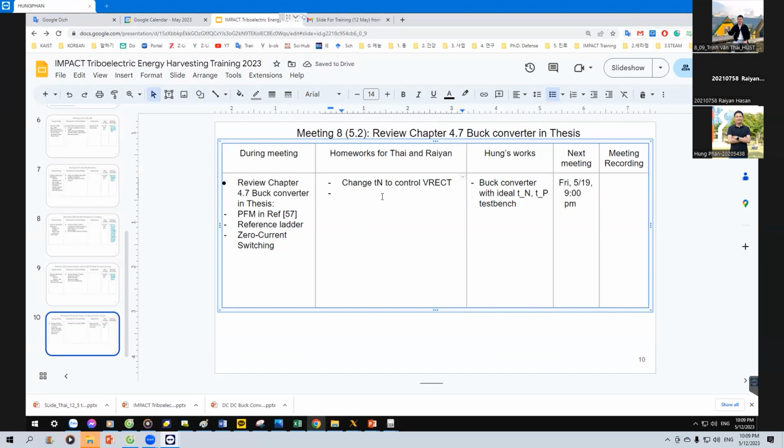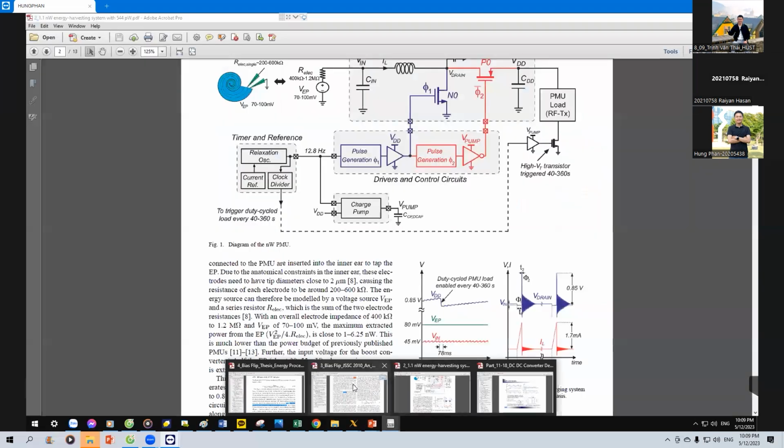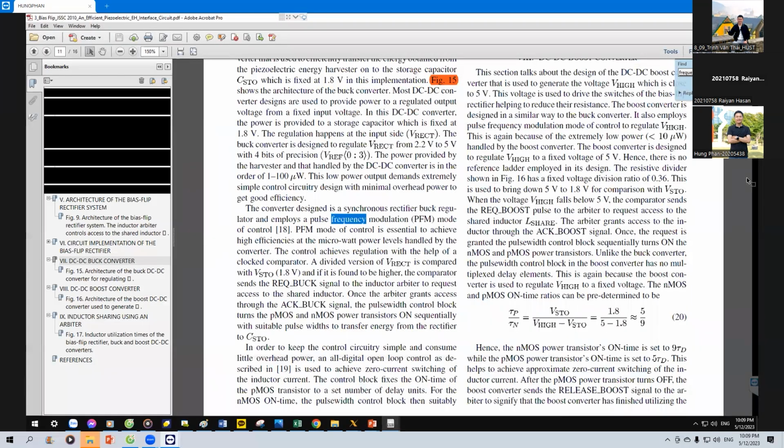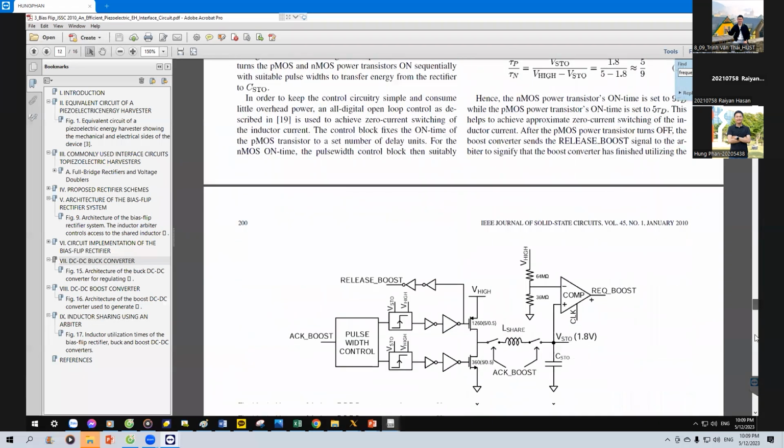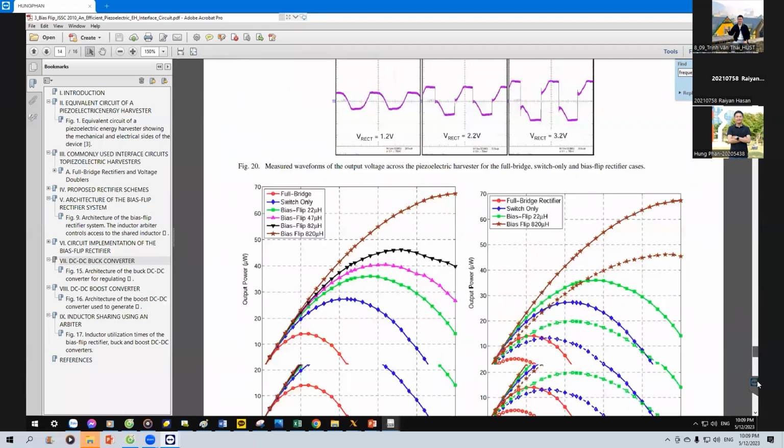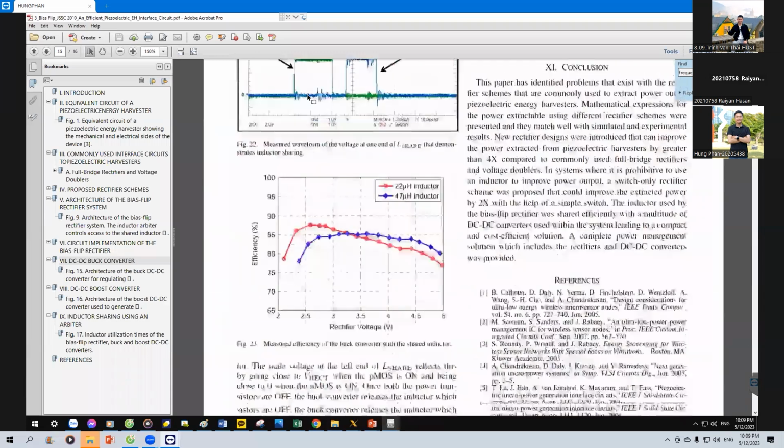And then see the efficiency. In your paper they also show efficiency in it, right?